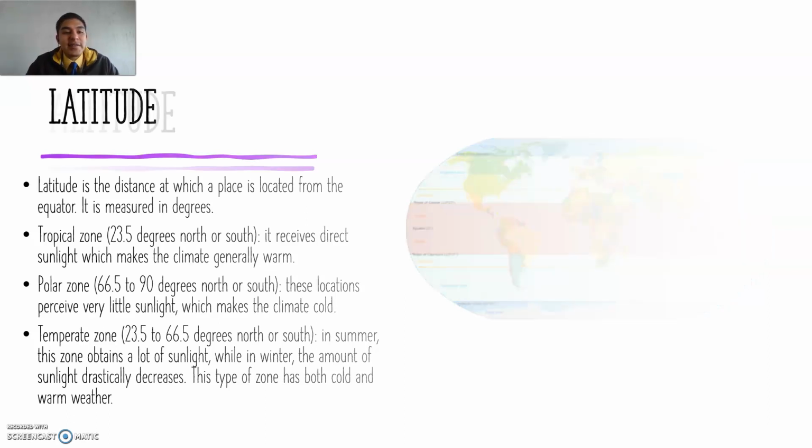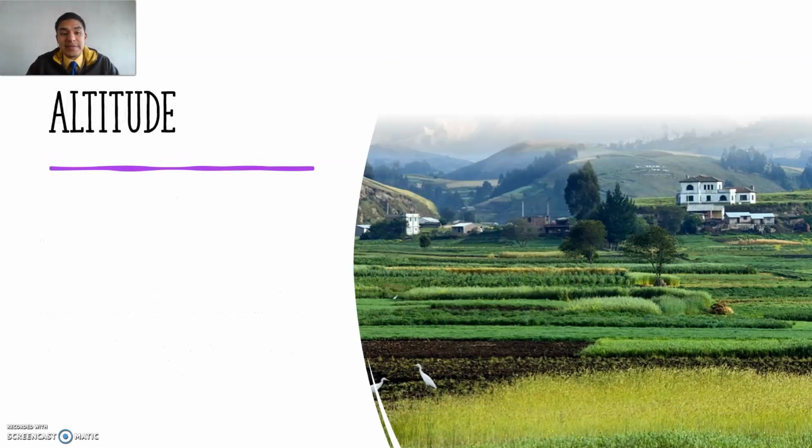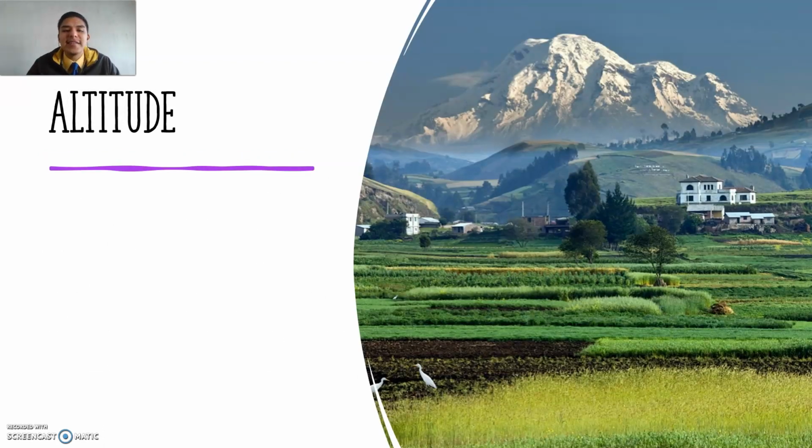All right, let's continue. We also have the altitude. I really like this picture because you can notice that right here at the bottom, there is a lot of nature and a lot of trees, and it looks like a warm type of weather. But right over here, there is a mountain that even has snow. So why does that happen?